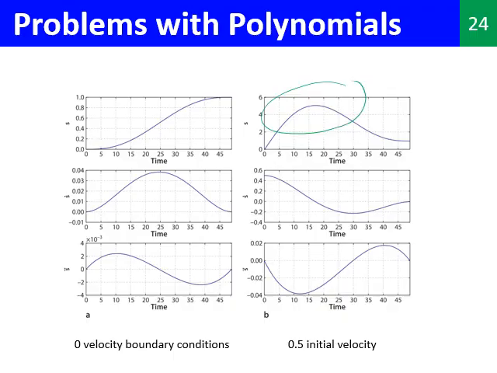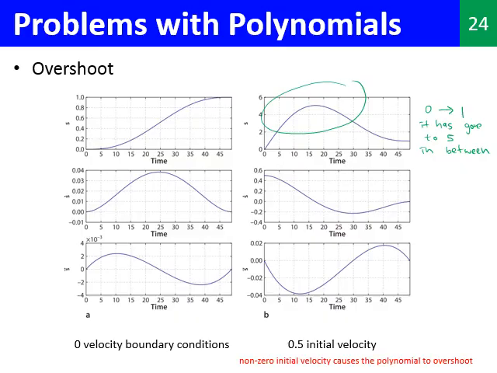From 0 to 1 it has gone to 5 in between. So for non-zero initial velocity we see the polynomial overshoots. That is one problem we have with the polynomials.